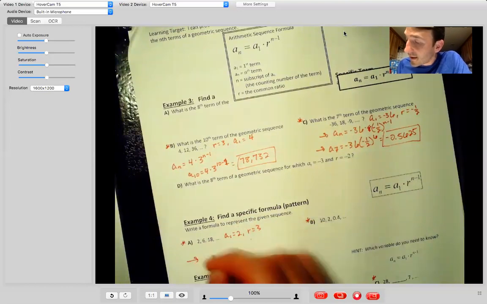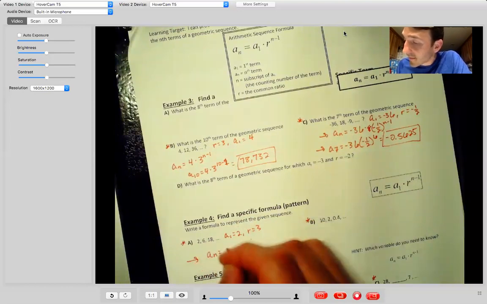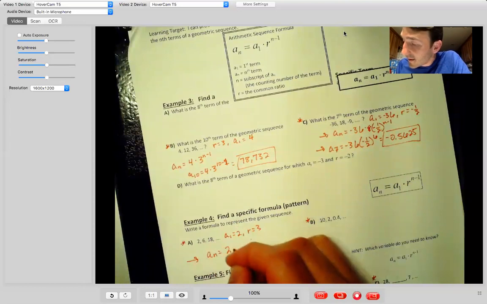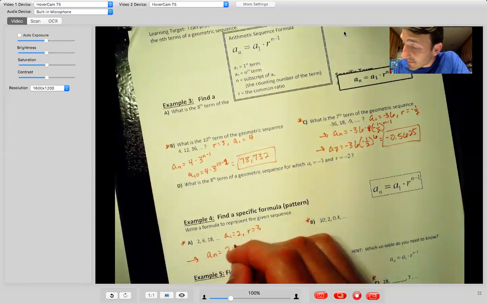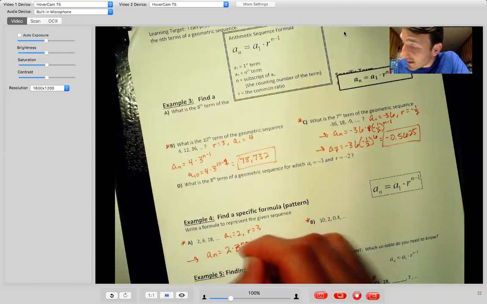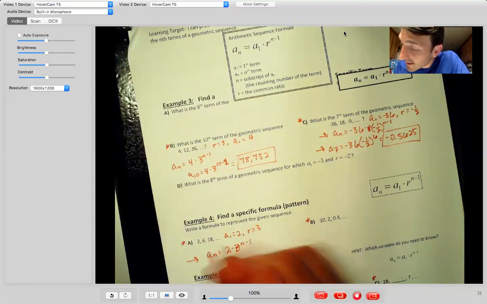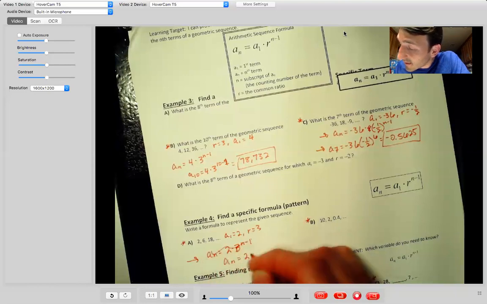So formula a sub n equals 2 times 3 to the n minus 1.